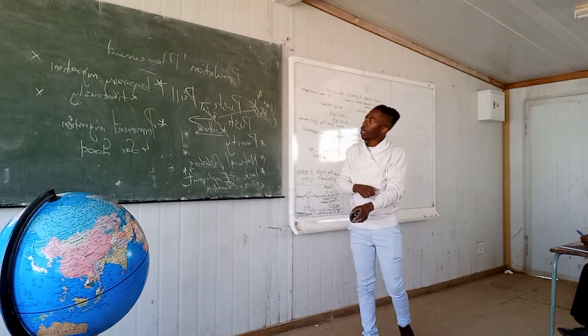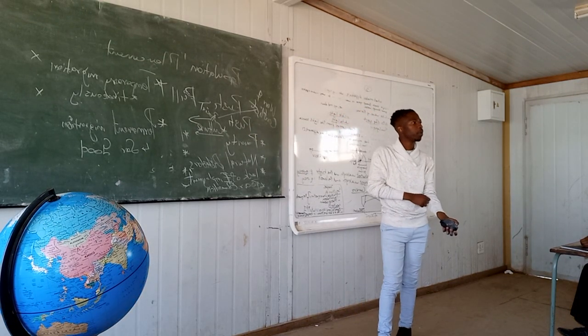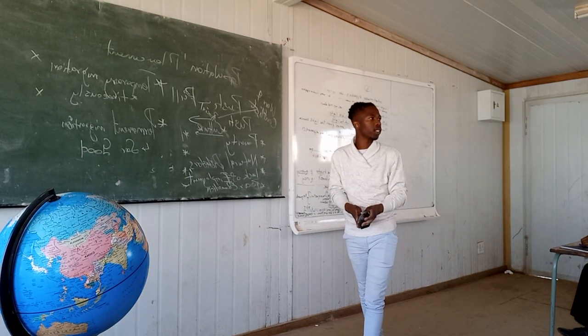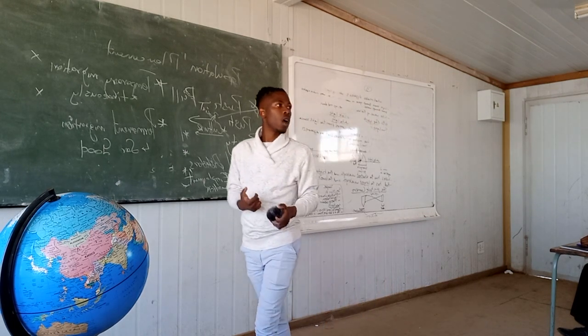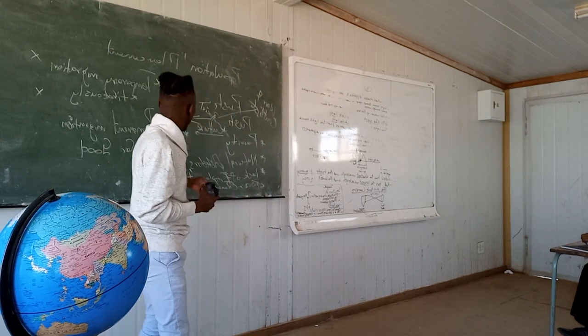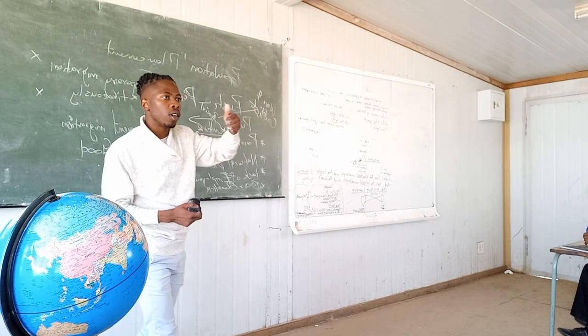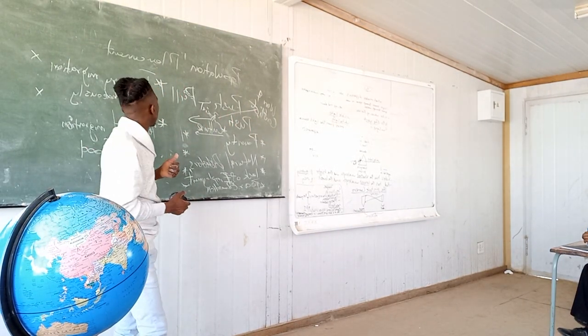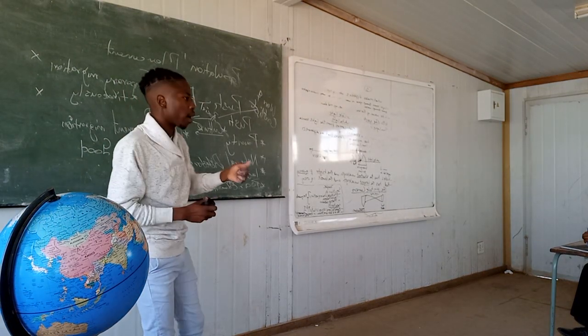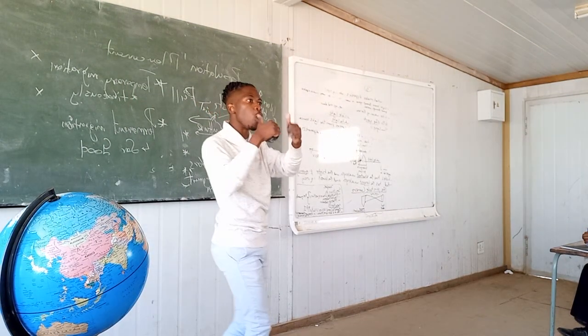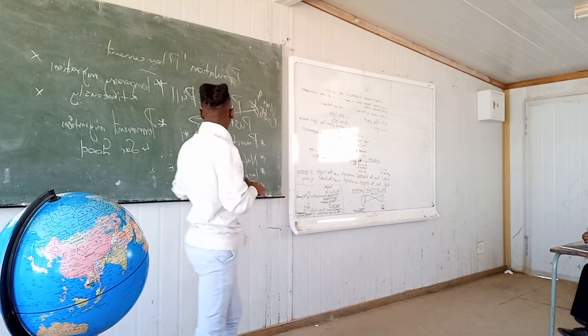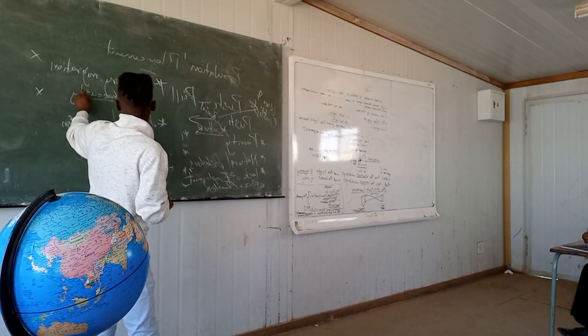Temporary migration is basically when people move from one place to another. For example, if we were talking about education, to make sure that they get a degree from somewhere, and work for 5 or 6 years and then go back home, those are temporary migrants.